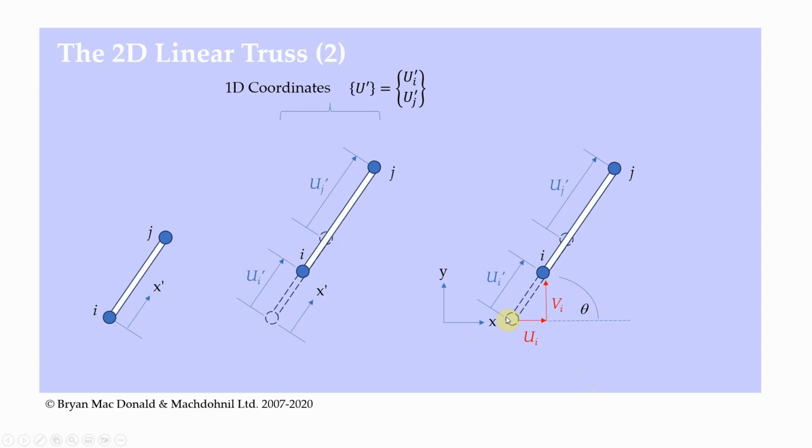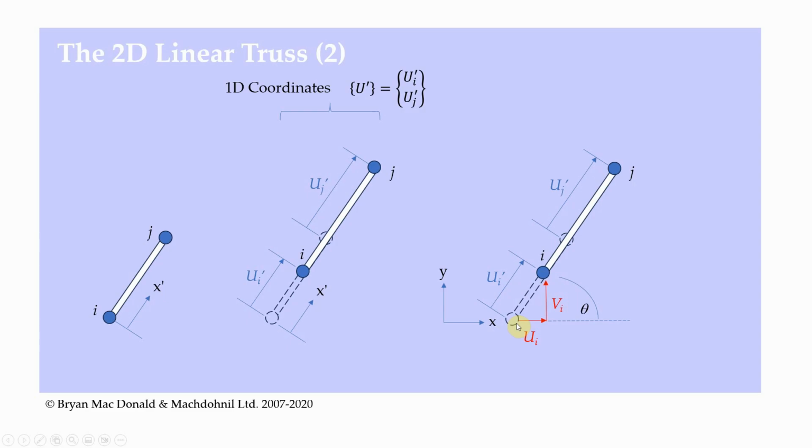Now, if we look at the displacement of node I, ui dash, so it just moves from there to there, that is the same as saying, well, it moves a little bit across in the x direction and a bit in the y direction. So as we all know from vectors and vector analysis, moving from this point to this point, in other words ui dash, is the same as going ui plus vi.